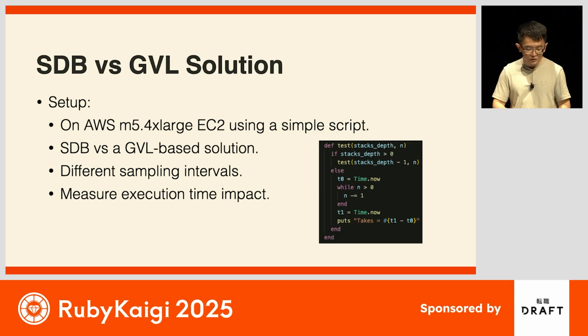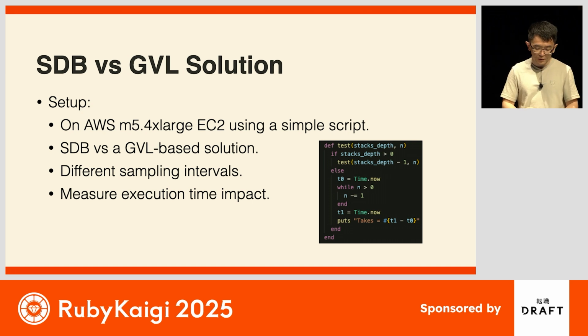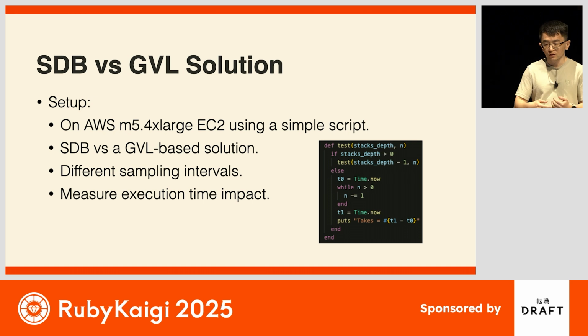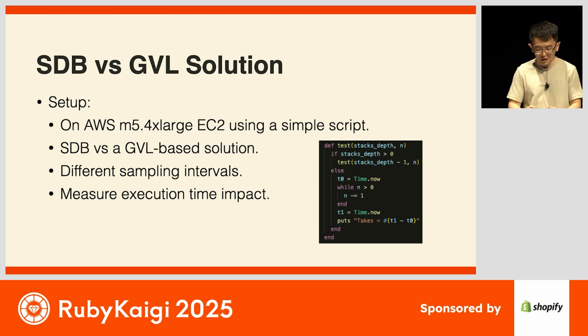The first evaluation is on an AWS machine. I used a simple script to do some calculation. I compared the SDB, the no-GVL solution, and a GVL-based solution. I ran them at different sampling intervals to see how the different sampling intervals impact our performance.